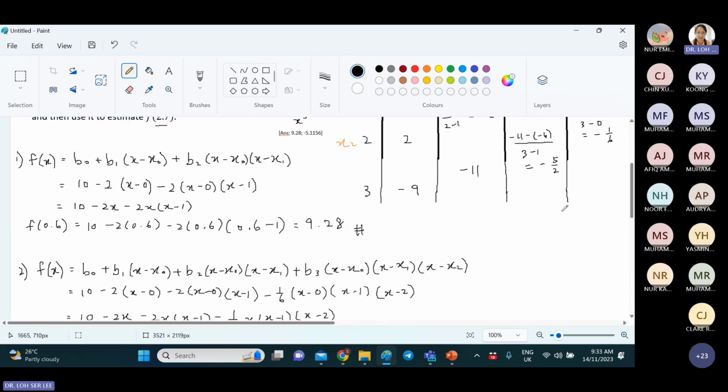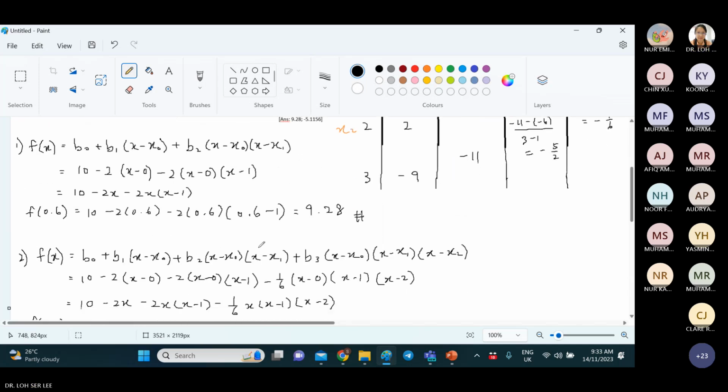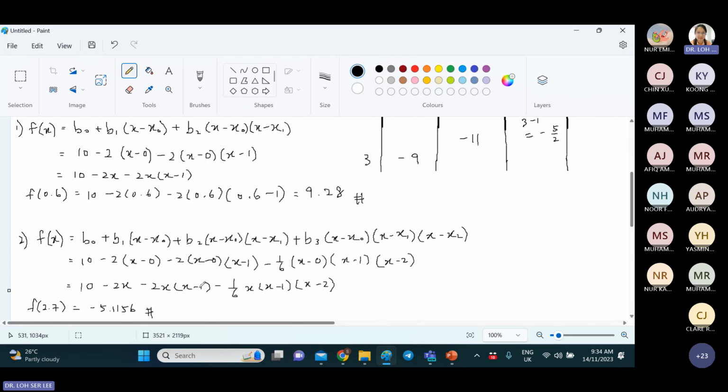Maybe it's because my previous calculation is based on this being negative 2.5, and this is negative 0.1667. If you use 4 decimal places for all the B values, you will get this, but if you use the actual one, maybe it's slightly different.